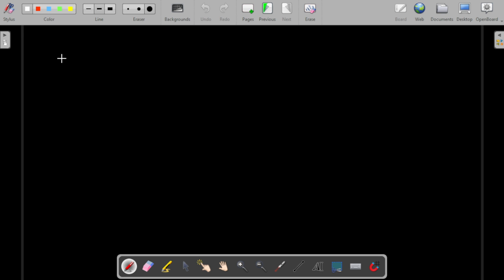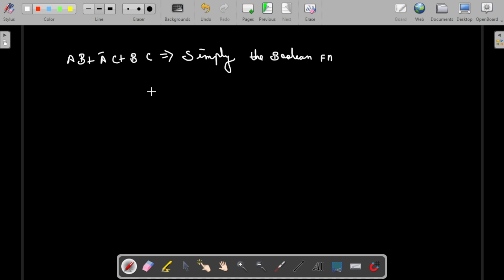For example, if ab plus a bar c plus bc, they ask to simplify this Boolean function, then we need to use our tricks to solve. An example of how we can solve it: ab plus a bar c plus bc, I'm multiplying by a plus a bar, because a is missing here.